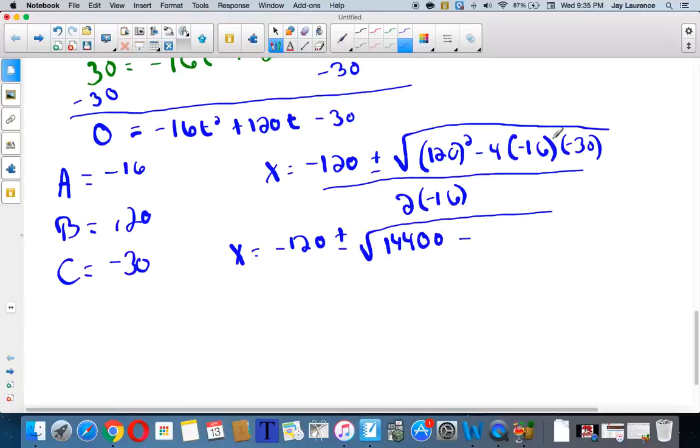Minus, because there's 3 negatives, let me see, 16 doubled, 32 doubled again is 64, 64 tripled, it'd be 192 and a 0. So minus 1,920. All right, and that's all going to be divided by a negative 32, right? 2a, negative 32. Okay, at this point, I'm going to go to my calculator.